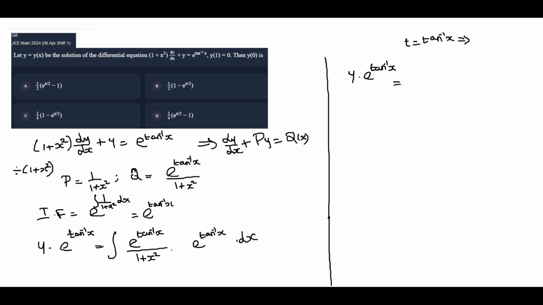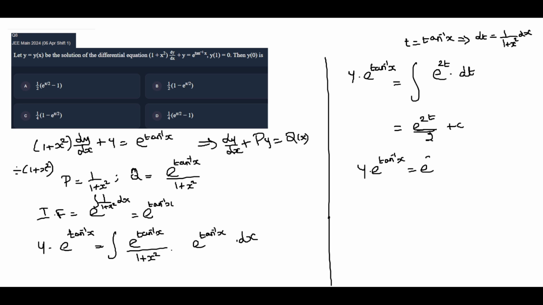So what is dt? dt equal to 1 by 1 plus x square into dx. So the right side will be e power 2t into dt, so e power 2t by 2 plus c. So y into e power tan inverse of x equal to e power 2 times tan inverse of x by 2 plus c.